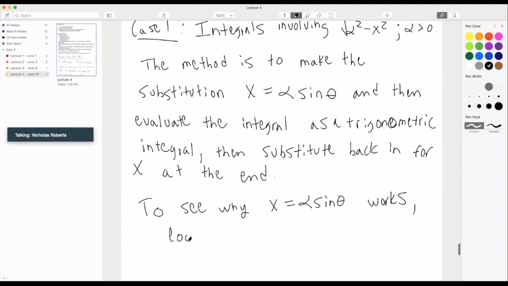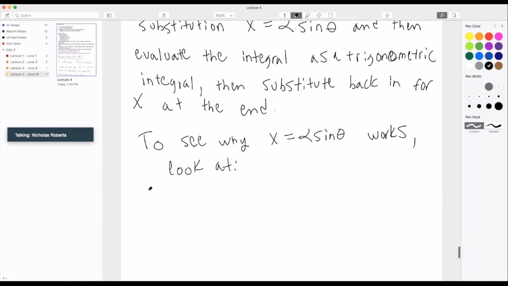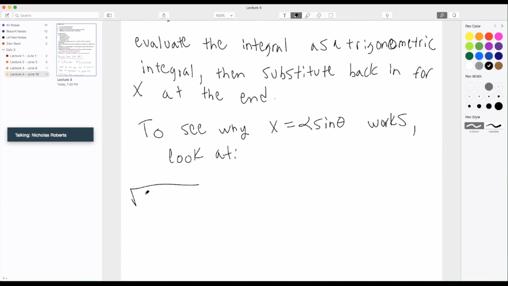Remember our expression, the square root of alpha squared minus x squared. I'm going to pause to make sure everyone is up to where I'm at.